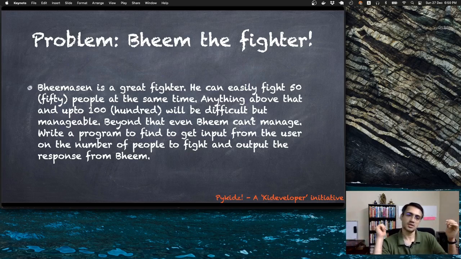So the user says, these many people are going to fight with you, and you ask, how many are going to fight, and then you say, this many, and then Bheem says, whatever, right? So you can use whatever words you want, but obviously there's decision making to do based on the number of people involved, right? So give it a good go, right?